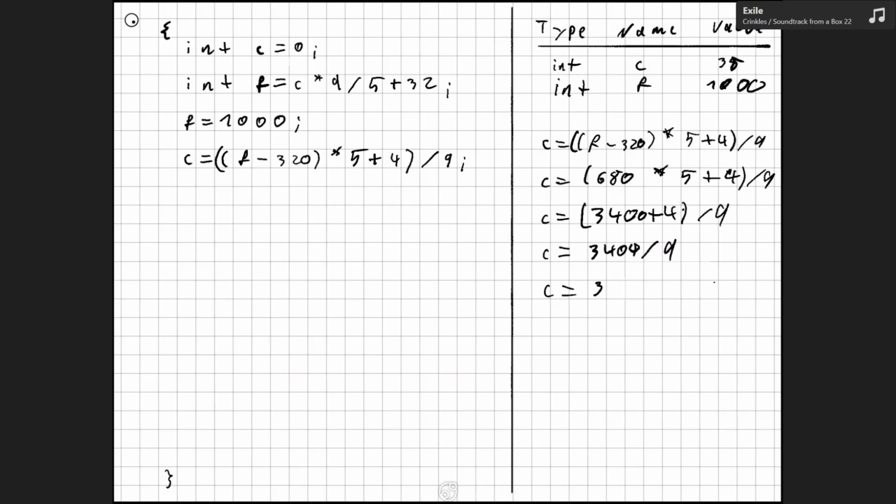And that would give us... Okay, let me just write this out properly. 378. Well, actually not 0.8, because the number itself would be just 378. But we know this is 10th of a degree. So this is actually 37.8. We just have to remember that our values are not in degrees directly.